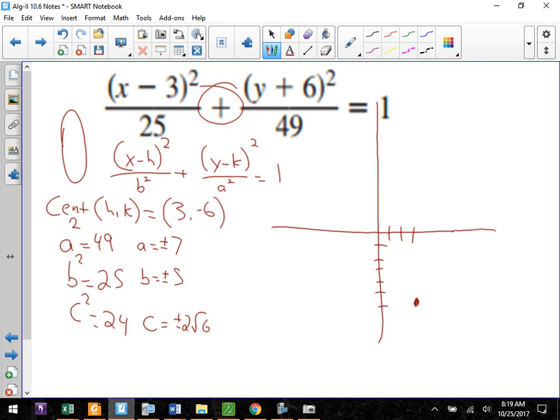The vertex goes up and down 7. The vertex of the graph goes up and down, unless it's an x squared. Then the vertex goes left and right.